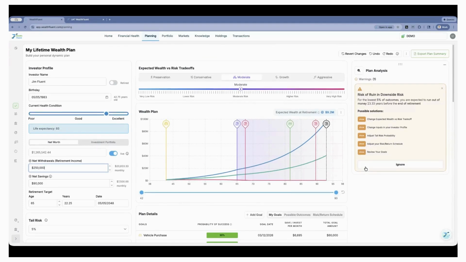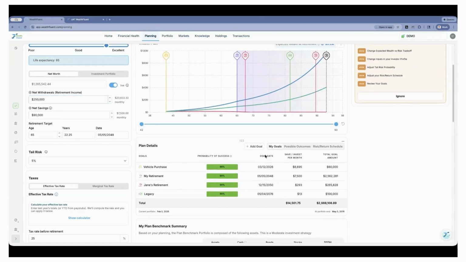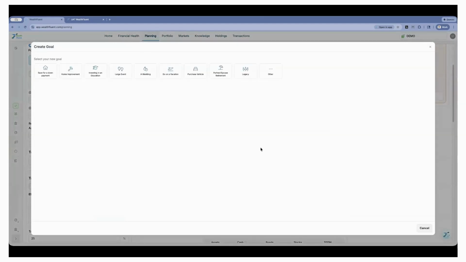So we always talk about this as what planning allows a user to do is answer all the big questions in life. Will I have enough to retire? Will I have the retirement I want? When will I be able to retire? So again, what we do in the planning tool is you work through all those options and possibilities and you add goals as those things come up in life.